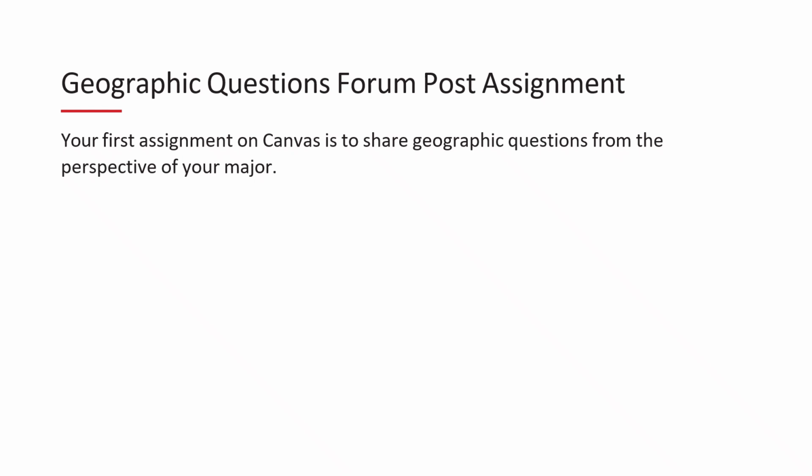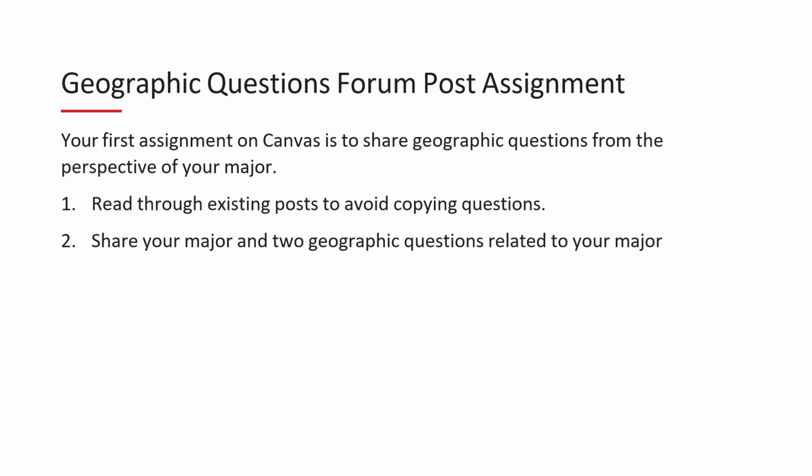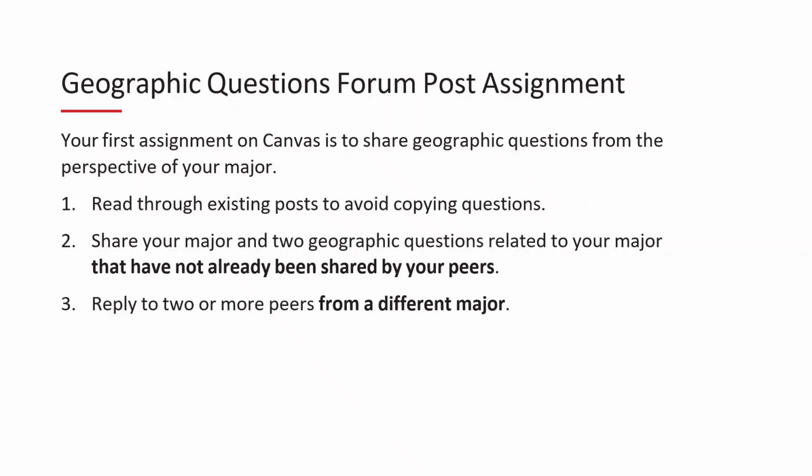Start by reading through any questions already posted, and then share your own. You'll then respond to your peers from different majors. So look for overlaps between disciplines or propose a way to test one of their questions, keeping in mind the traditional scientific method and the updated How Science Works model.